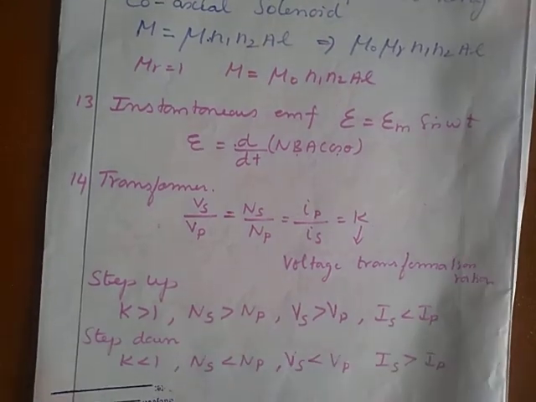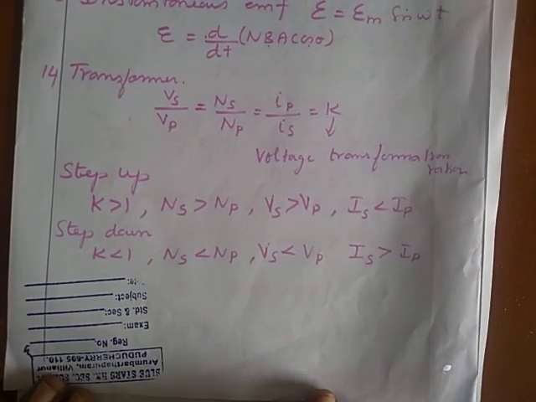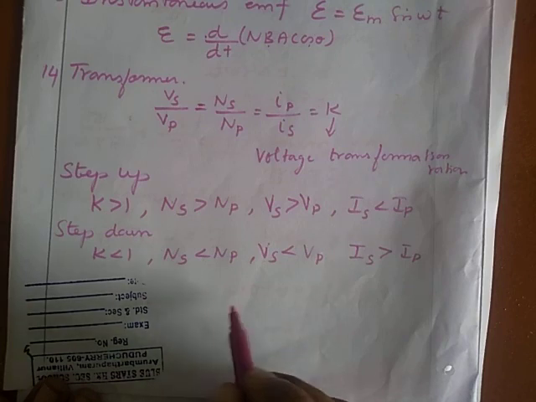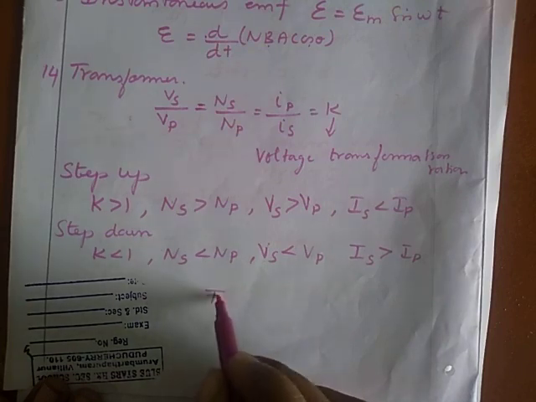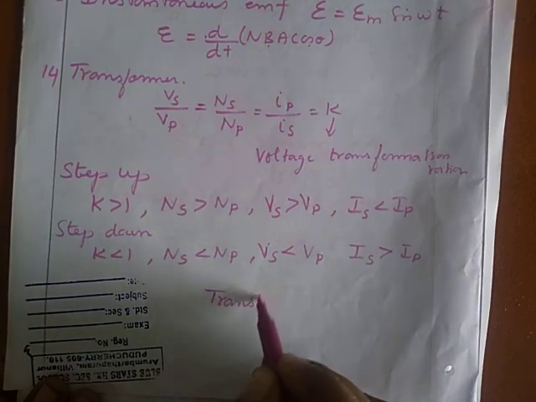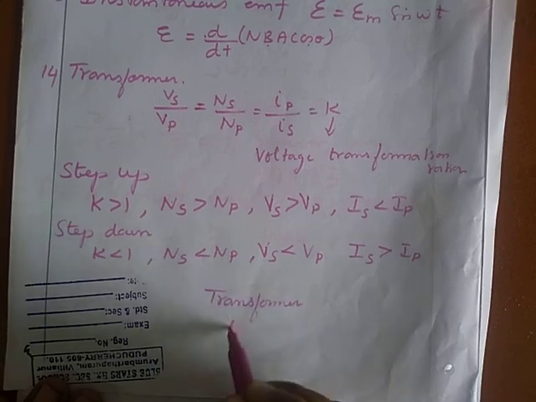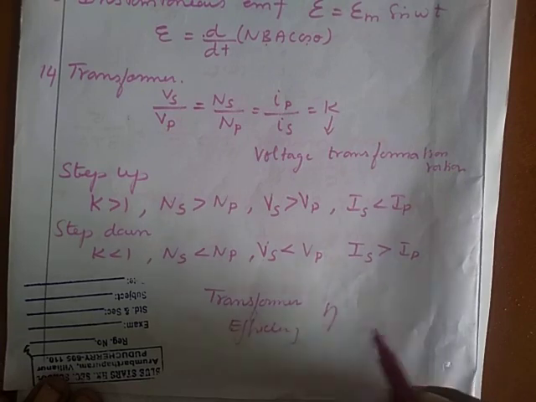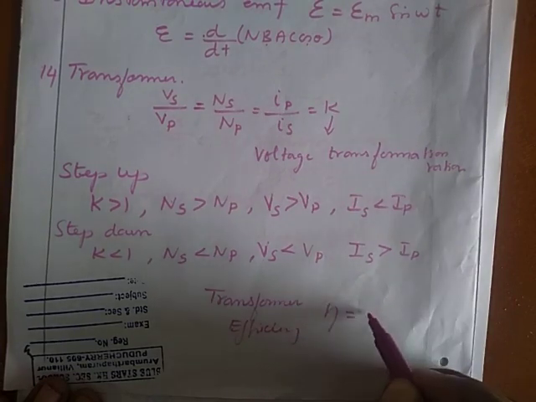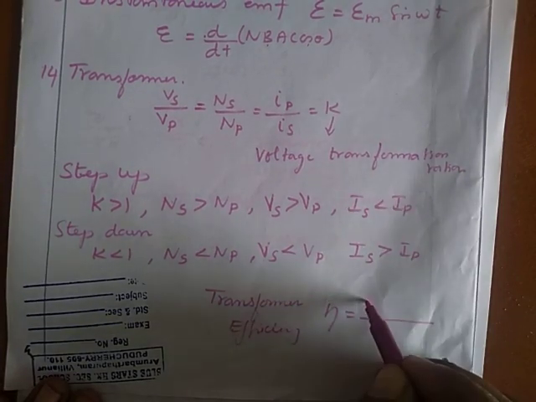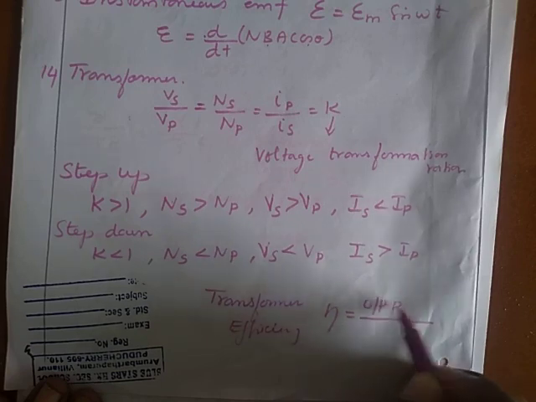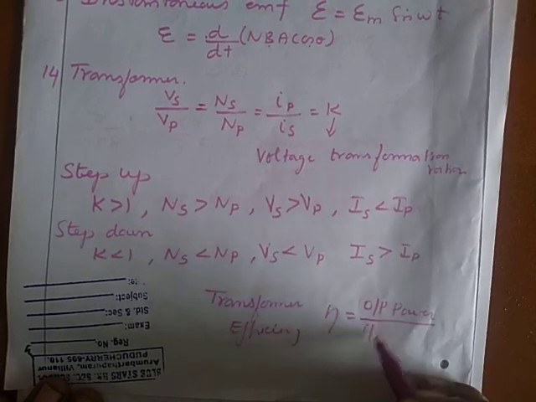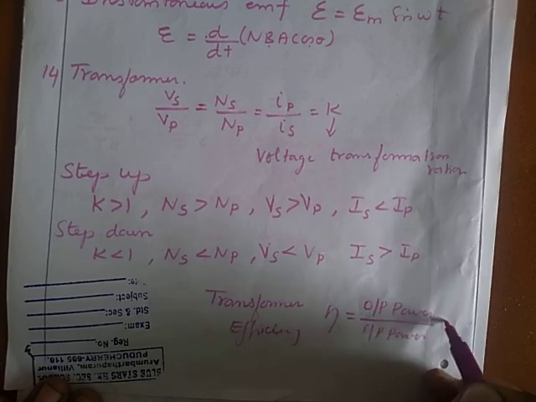Okay, then transformer efficiency, indicated by the symbol nu. We know efficiency is the ratio of usable output power to the applied input power, times 100%.